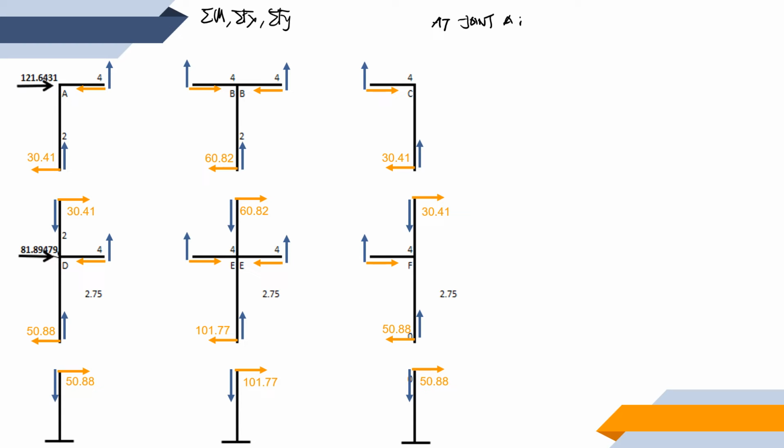So in this case, at joint A, it would be easier for us to sum up moments here so that these two forces will be cancelled out, and what will remain is this force. And let us name this force as force number 2. Okay, so to solve for force number 2, we are going to sum up moments here.